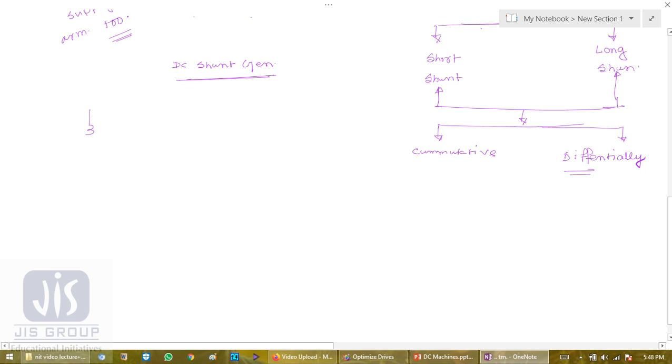Shunt means the field winding is connected with the armature, how? In parallel. So there will be a parallel connection. So let me draw in parallel the armature.